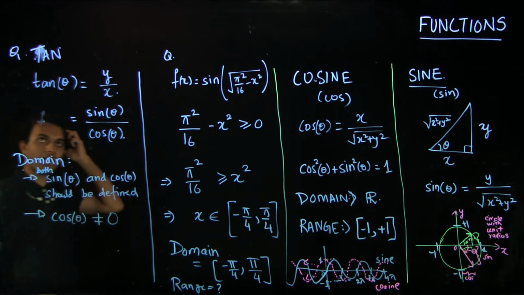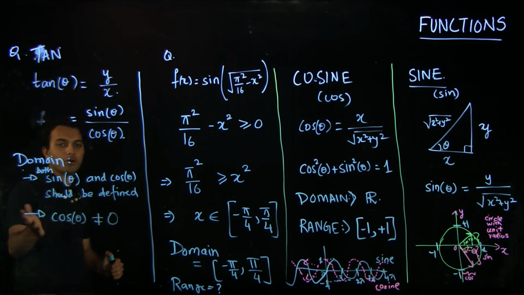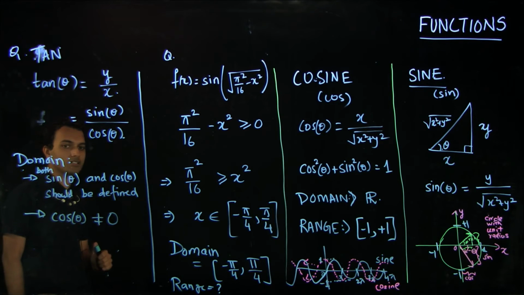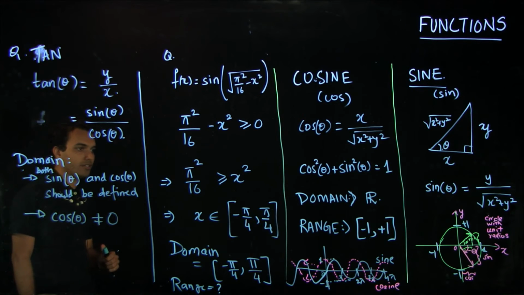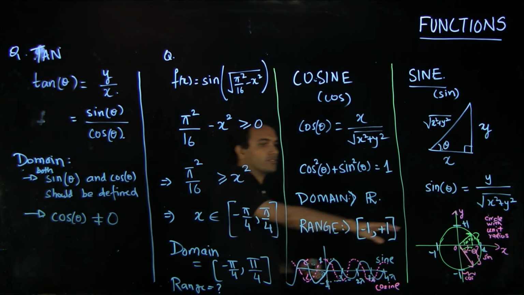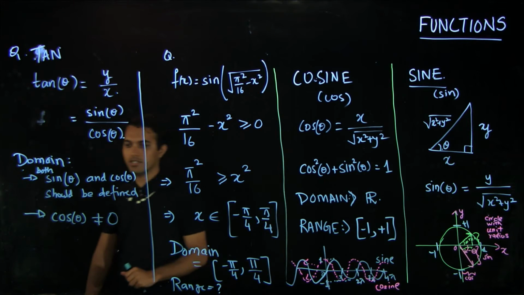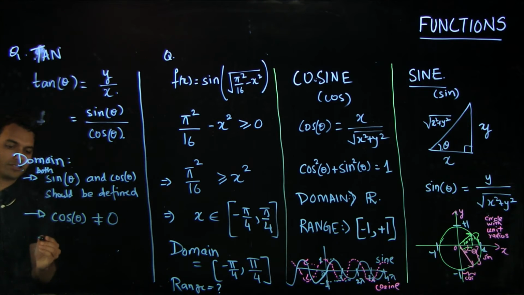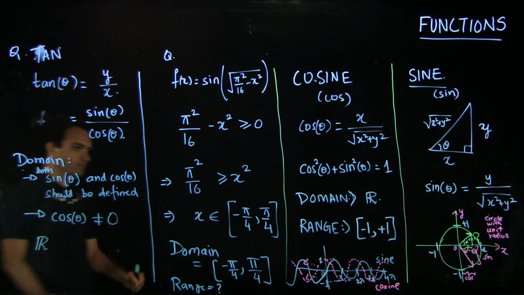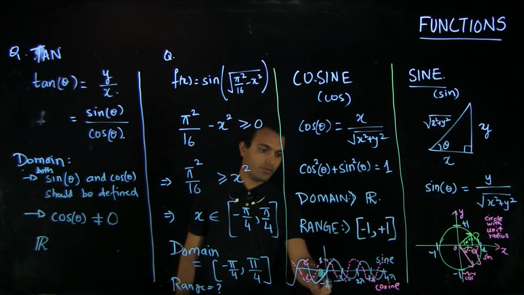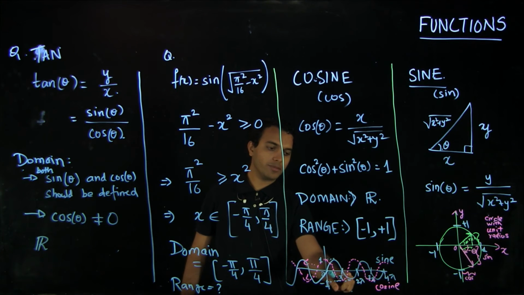So the domain of tan is the whole real line except for the points where cos of theta is 0. And you can figure this out from the graph or from the tool, or if you know how cosine behaves. And therefore the domain is given as the whole real line minus all the points of the form pi by 2 plus k pi.